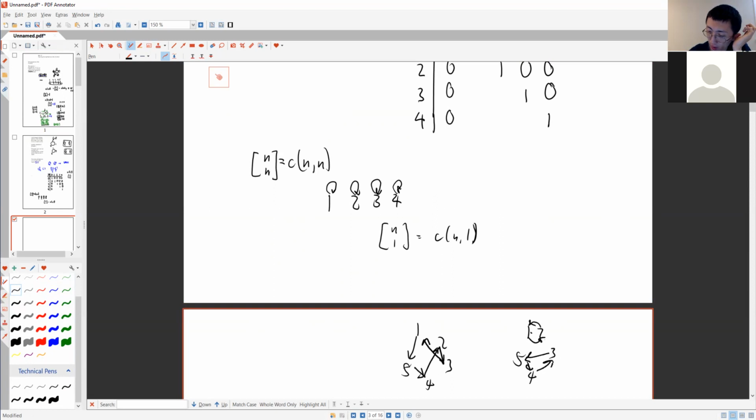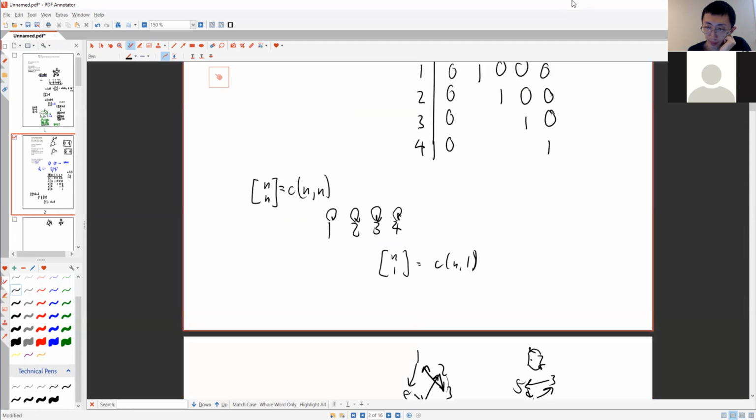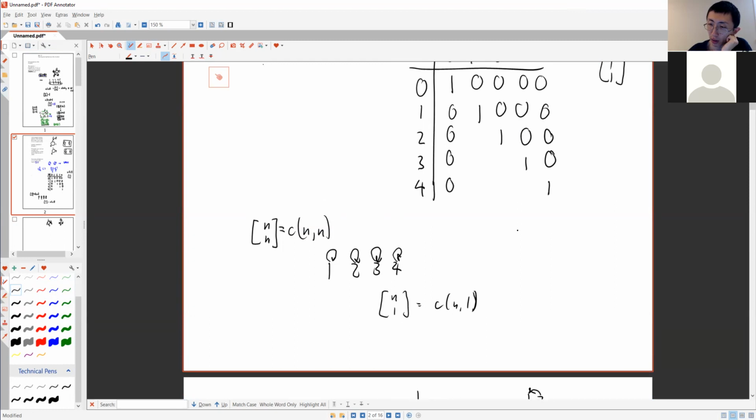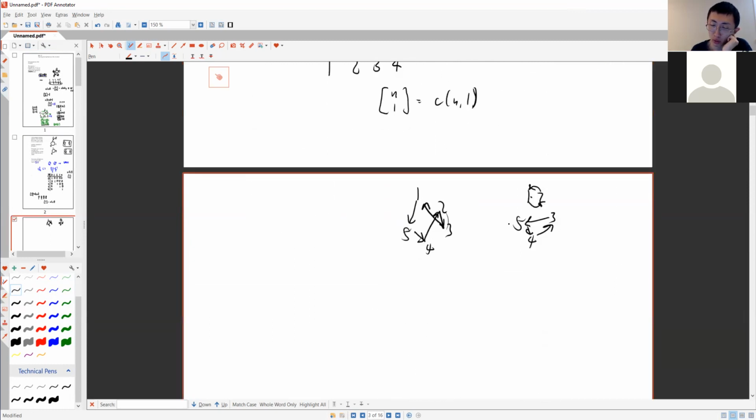Well, let's just try for C(2, 1). There's just one way, I think.